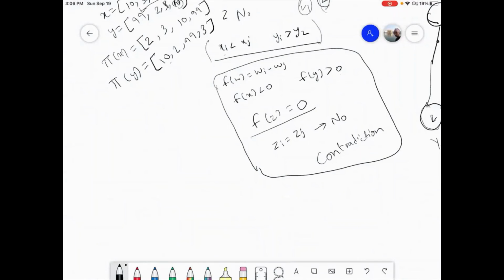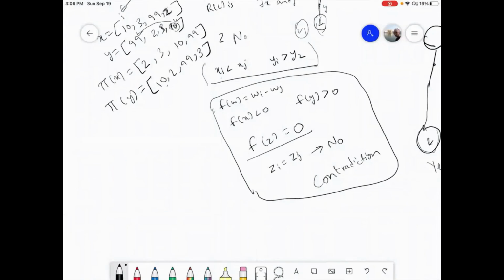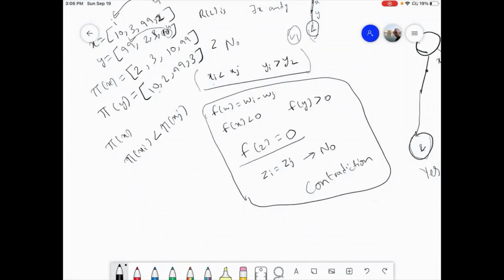Okay. So let's consider this. We know that the array pi of X is in increasing order because it is sorted, right? So we definitely know that pi of Xi is less than pi of Xj. Let's consider the first two elements, 2 and 3.